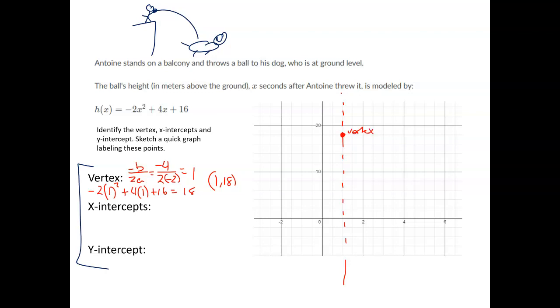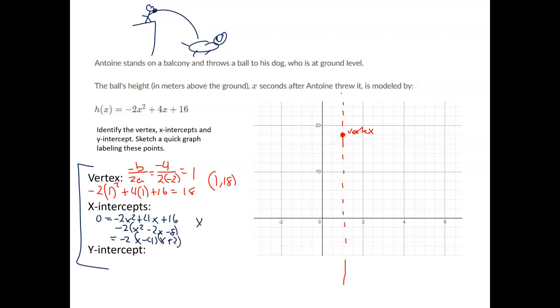Okay, all right, x-intercepts. A couple ways to find those. For x-intercepts, we set y equal to 0. So negative 2, x squared minus 2x minus 8, which factors to x minus 4, x plus 2.